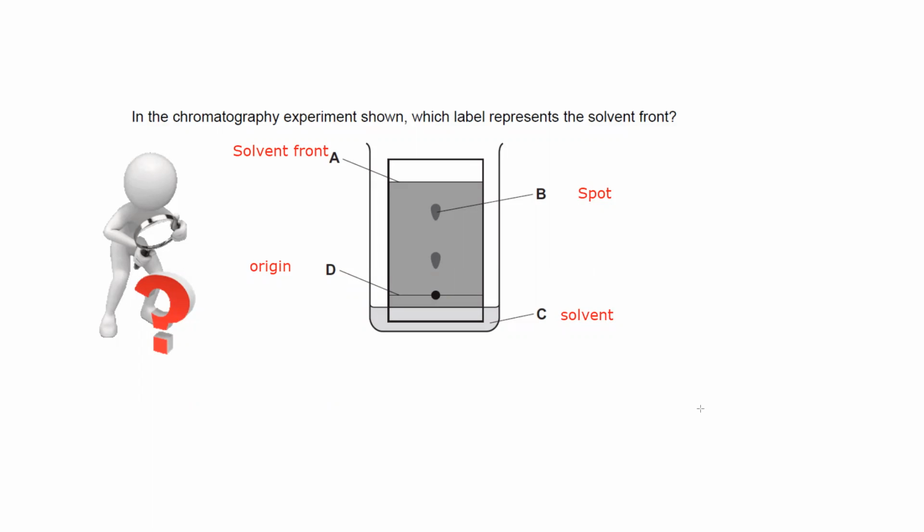There is no extra solvent. What happens? This paper will absorb the solvent, and the solvent will rise on the paper.